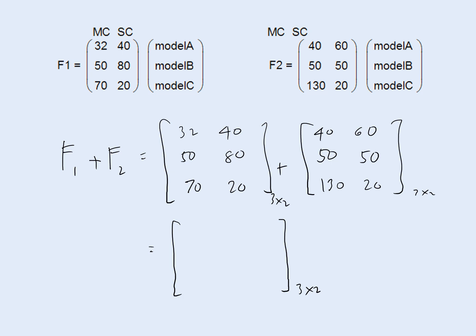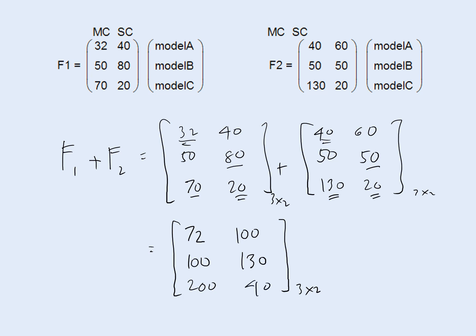So 32 and 40 will give us 72, 40 and 60 is 100, 50 and 50 is 100, 80 and 50 is 130, 70 and 130 is 200, and finally 20 plus 20 will be 40.